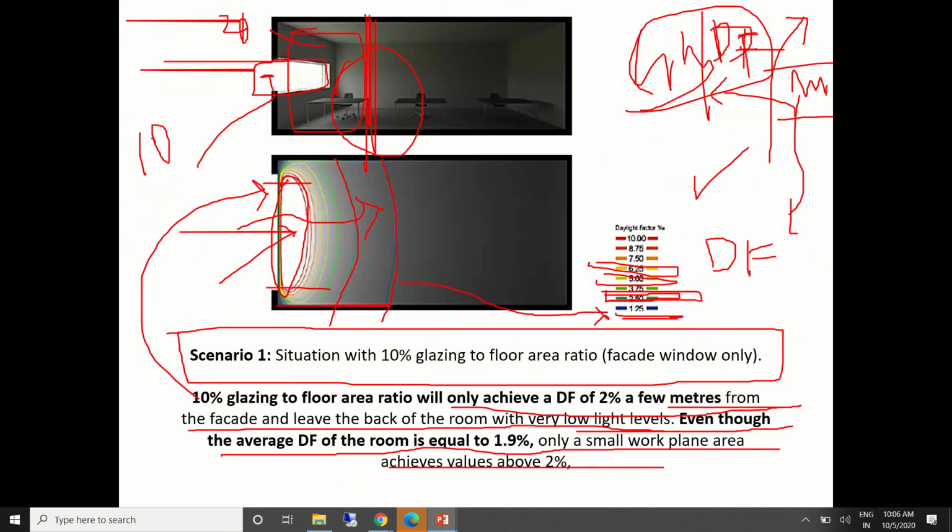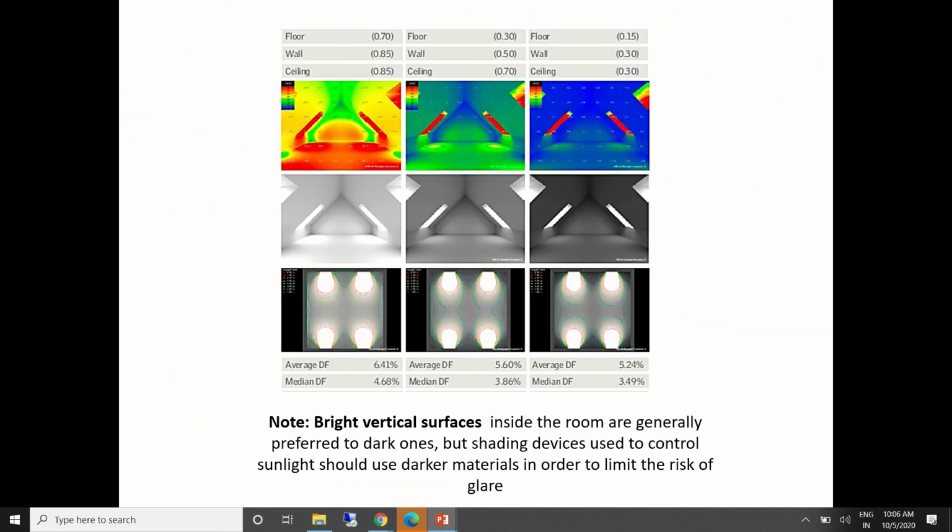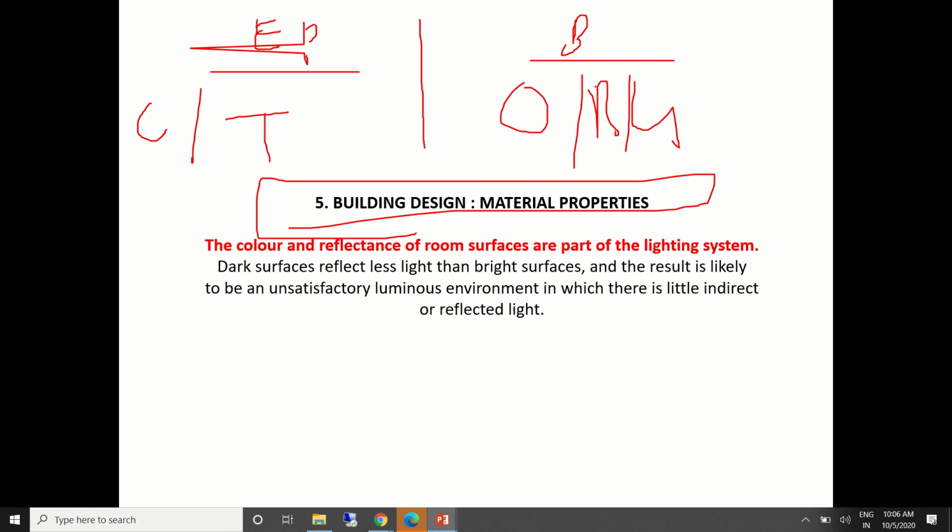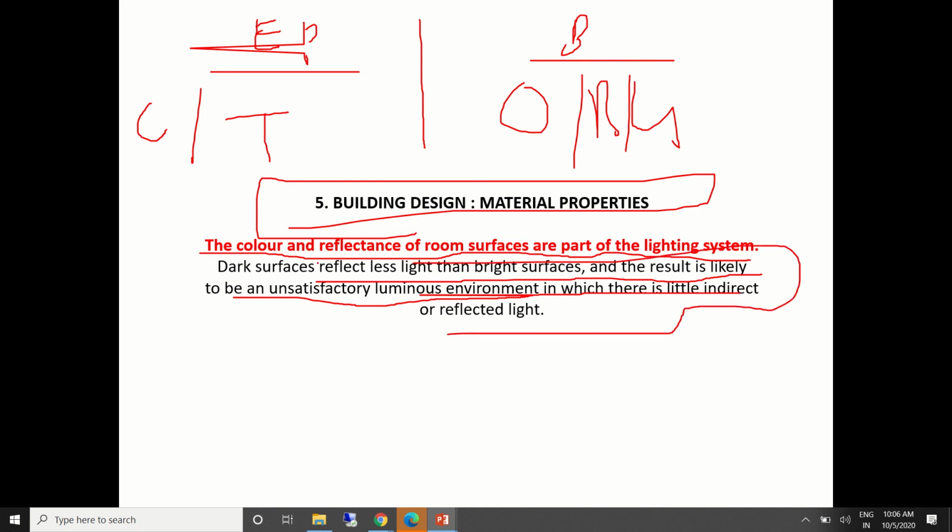So that is also important when we talk about materials. Color and reflectance of room surfaces are part of the lighting system. Dark surfaces reflect less light than bright surfaces, and the result is likely to be an unsatisfactory luminous environment in which there is little indirect or reflected light.